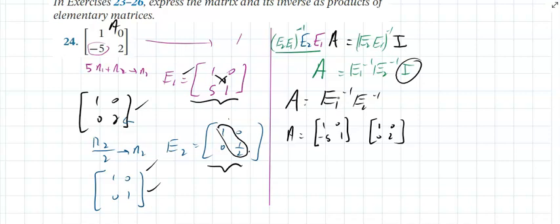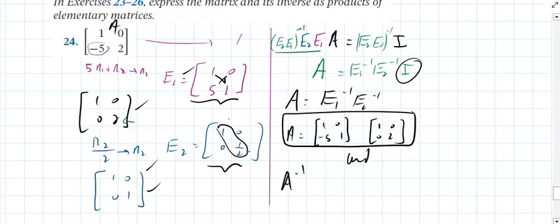And did I do this right? E1, E2. Not only that, I could say the inverse. Well, what's the inverse? If I take the inverse of this, that will be the inverse of those. So those will be E2, E1 again.